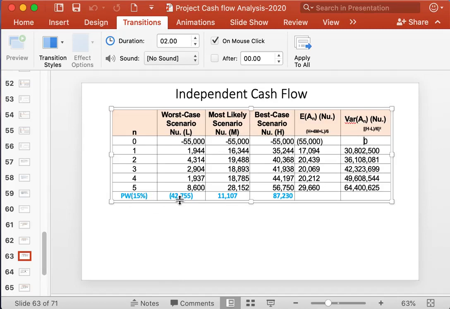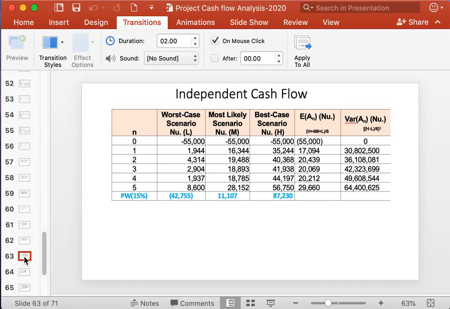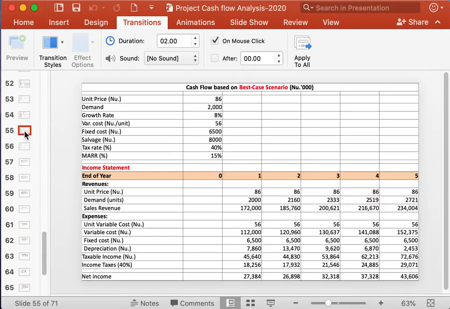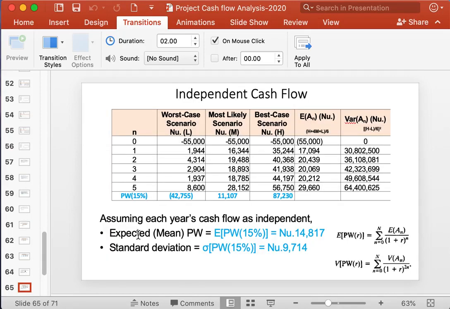And these present worth are calculated using the respective cash flow for the respective scenarios. As you saw in the earlier slide, for best case and worst case, you can calculate the present worth, and this is what is shown here.